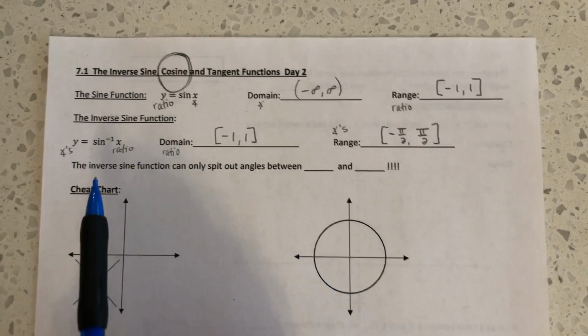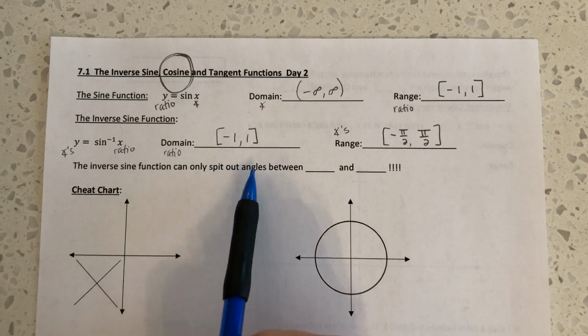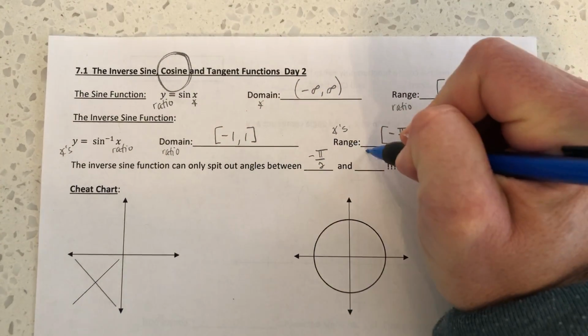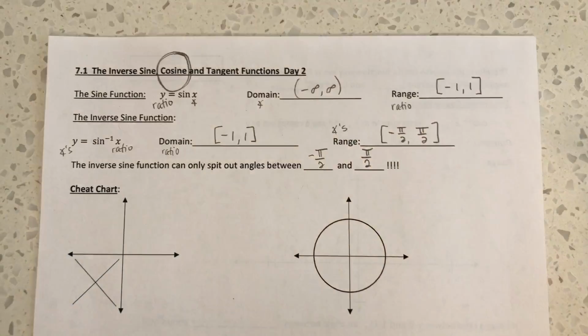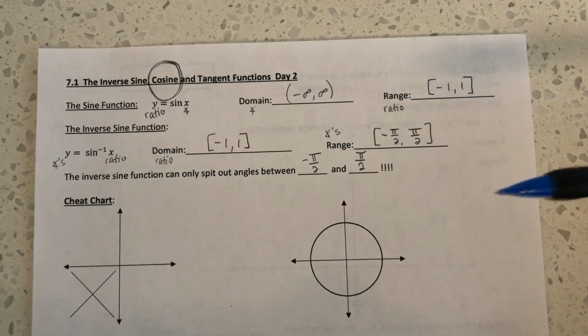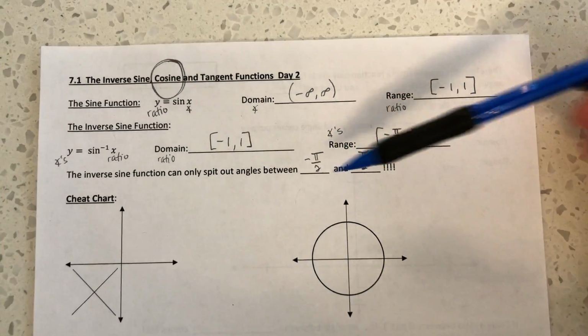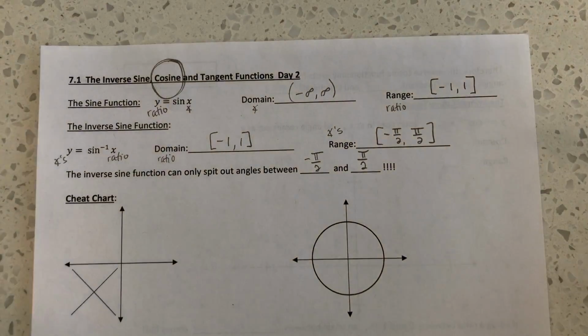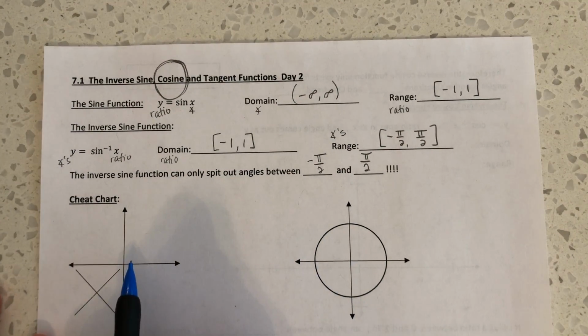All right, so the inverse sine can only spit out angles between -pi/2 and pi/2. So right now, when you're answering questions, you don't ever want to say that the answer to an inverse sine question is anything other than an angle between -pi/2 and pi/2. Okay, right now, the cheat chart, right?